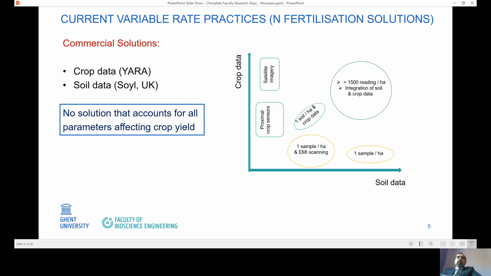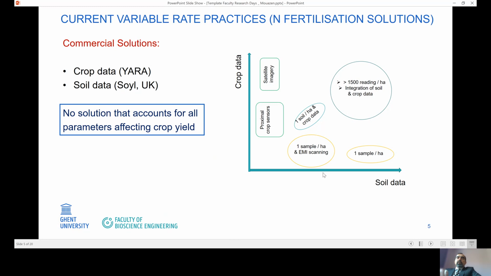There are two different scenarios being adopted commercially in practice. The first one is the example of the FIARA sensor, where they have used proximal crop sensors to measure the nitrogen requirement of the crop, and based on that they apply variable rate nitrogen fertilization. Another solution is based on satellite imagery for the measurement of crop canopy characteristics to determine the nitrogen recommendation rate.